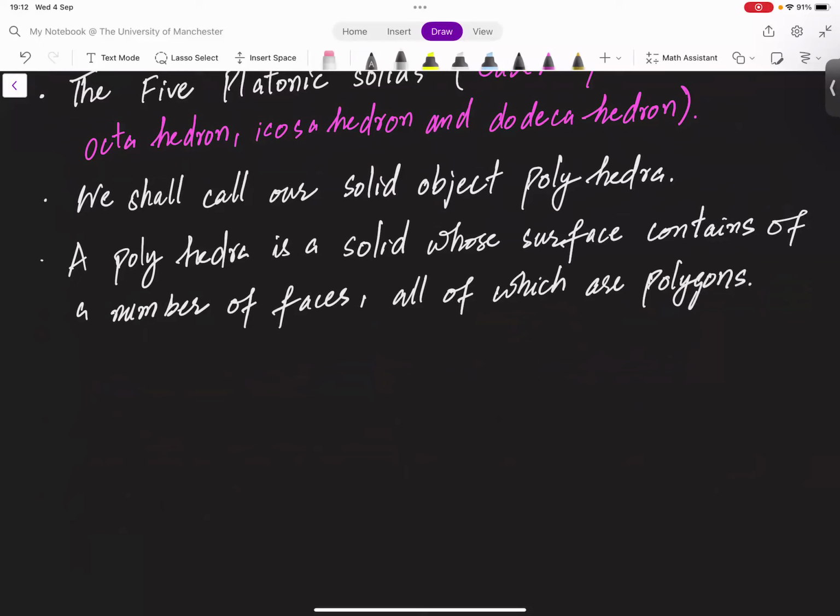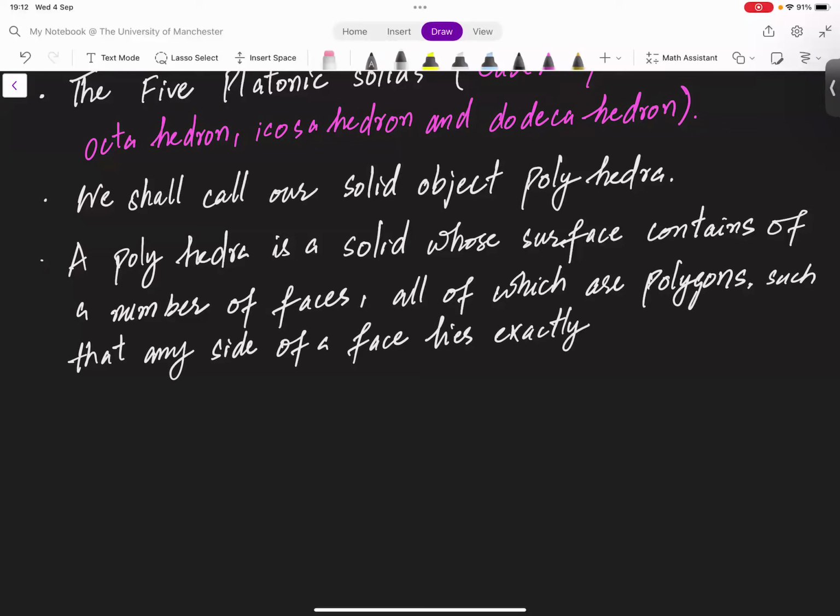such that any side of a face lies in exactly one other face.